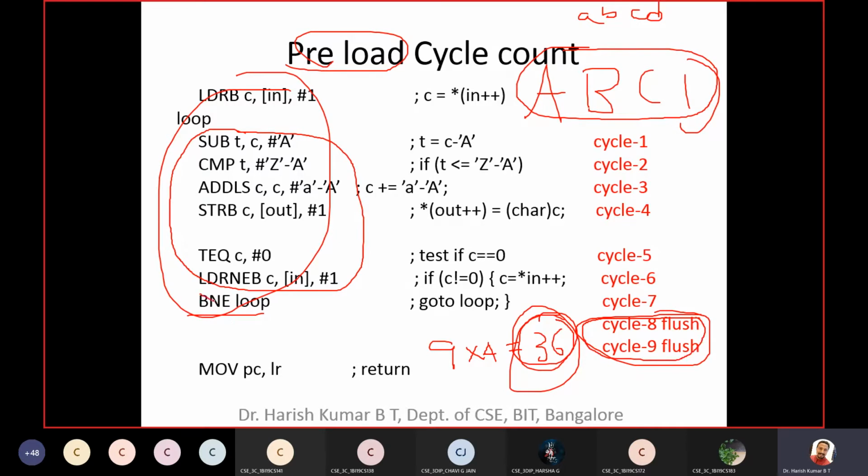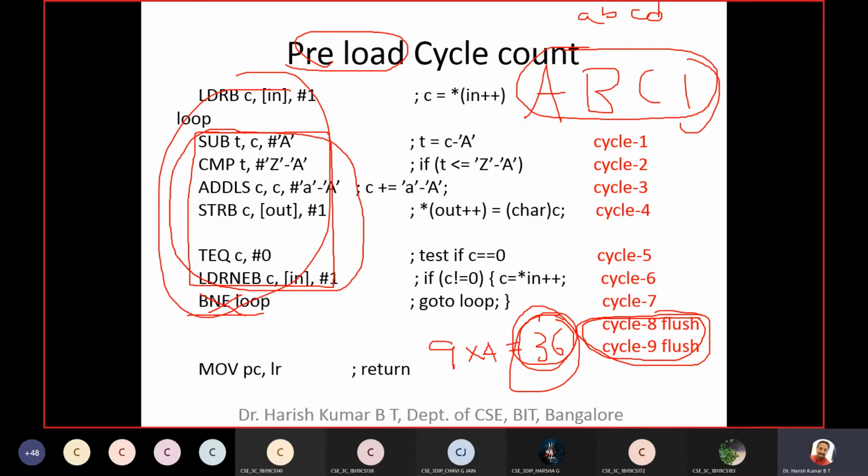So is it possible for me to avoid this BNE? If I avoid this loop, I need to repeat these statements 4 times. Hope people are able to understand. Yes, sir. So this BNE is creating overhead.